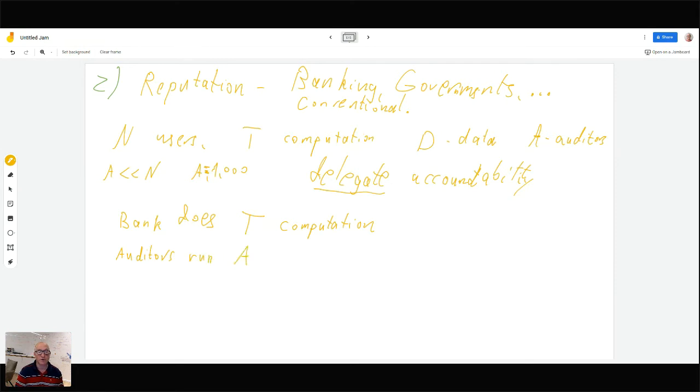So the auditors run A times T computation because they also have to inspect pretty much everything, if we really want them to inspect what's going on. But the users do nothing, compute nothing.